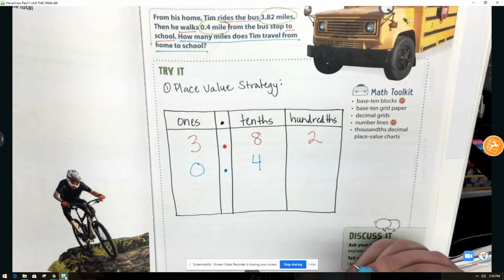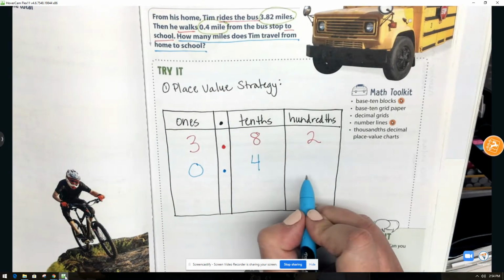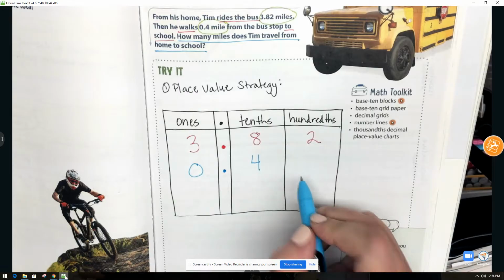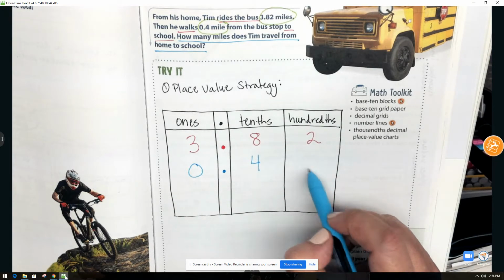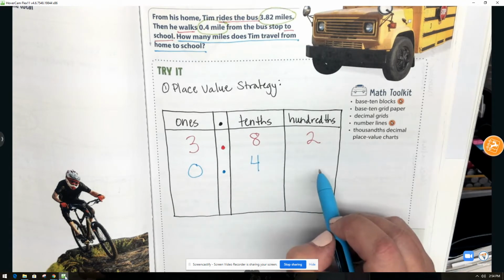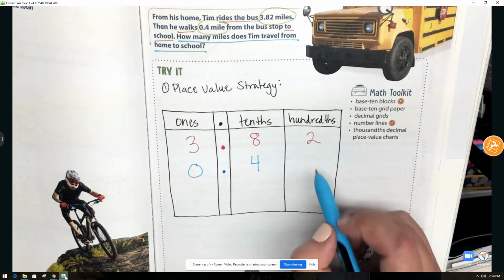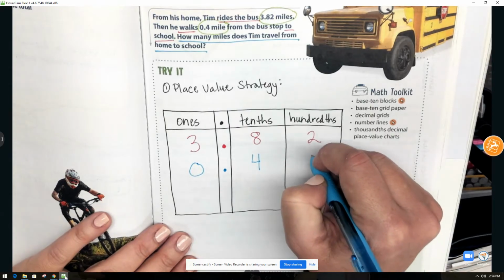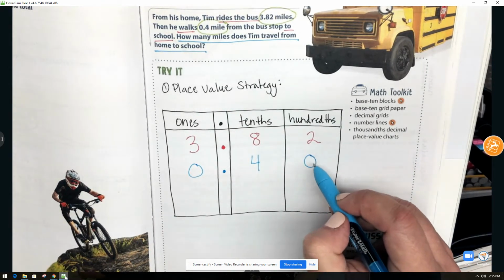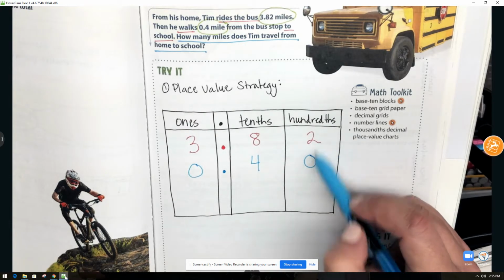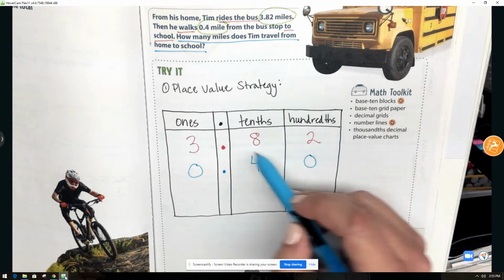So here's where it's very important. We need to make sure that when we're adding, we add up by place value. And as you can see, 4/10 has no hundredths, but we can put a 0 right here. And that 0 is called a placeholder 0, and it will make it so that we can add more easily.